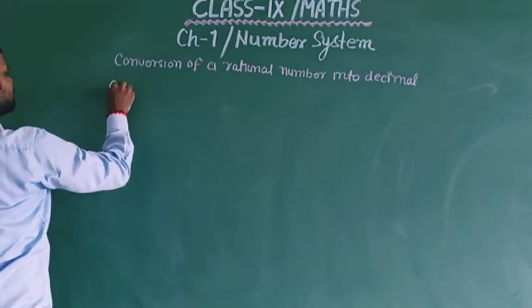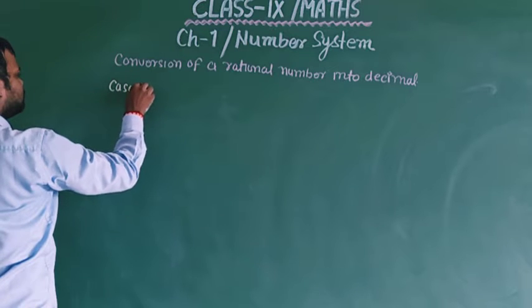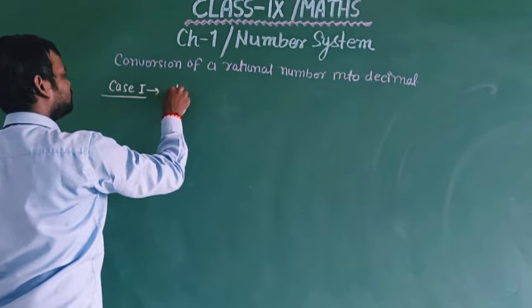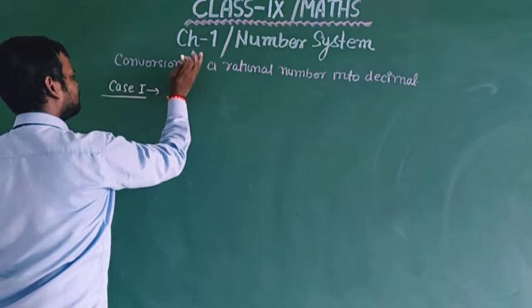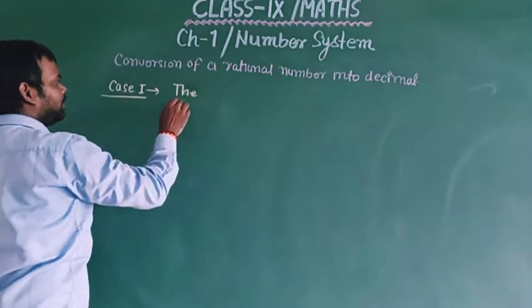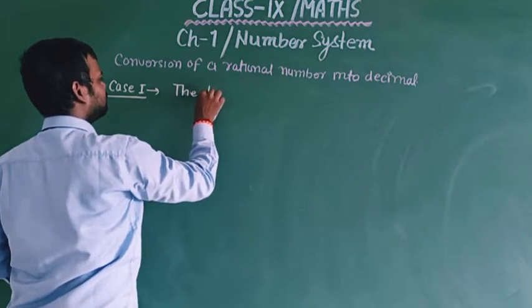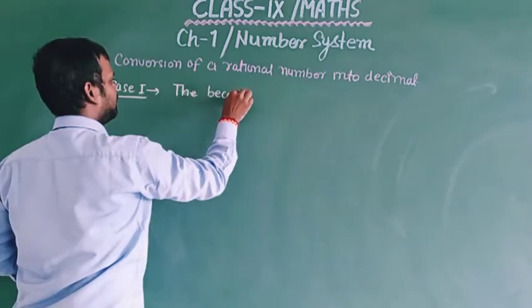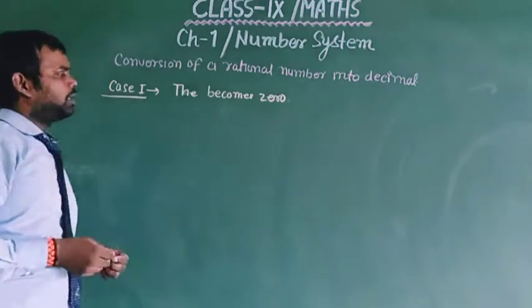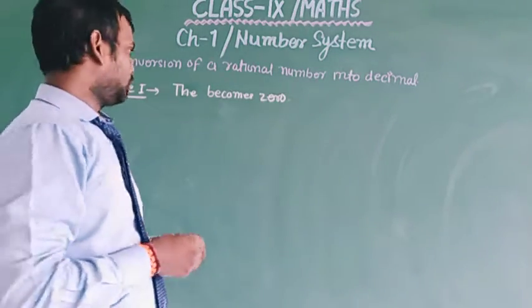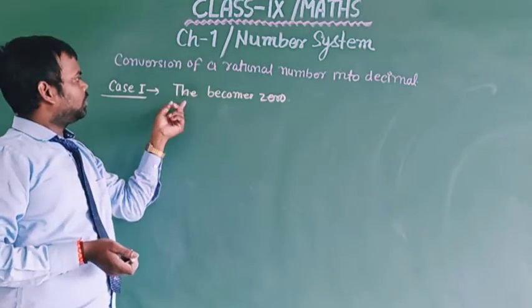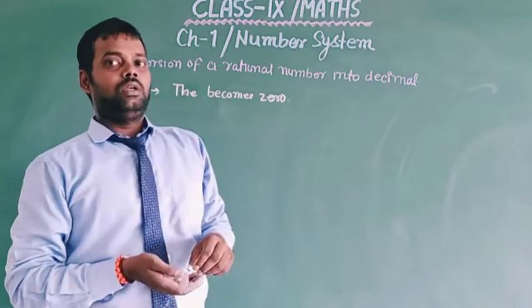The first case is, after performing division, the remainder becomes 0.